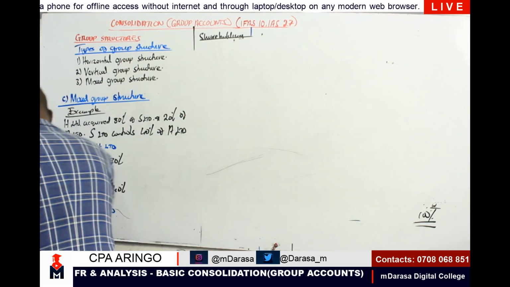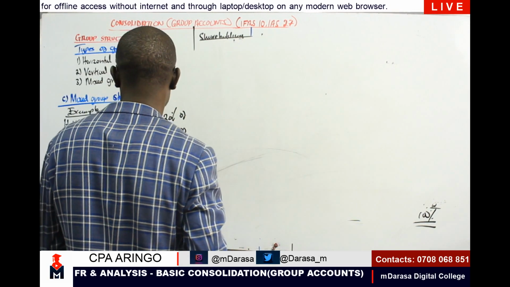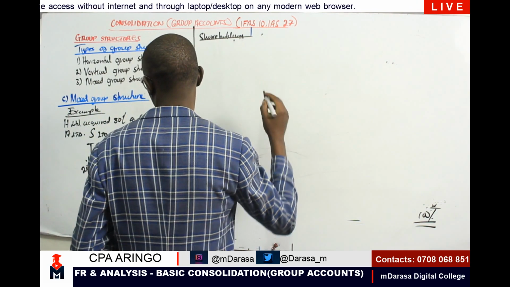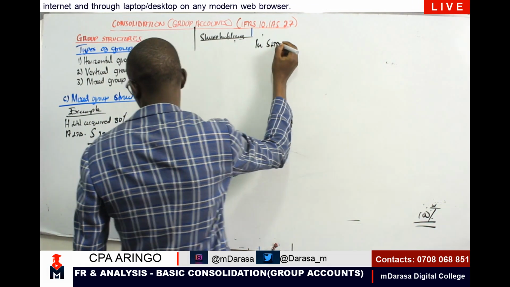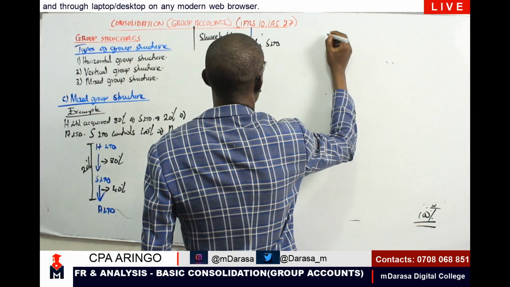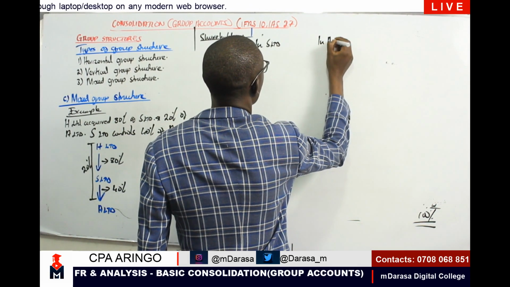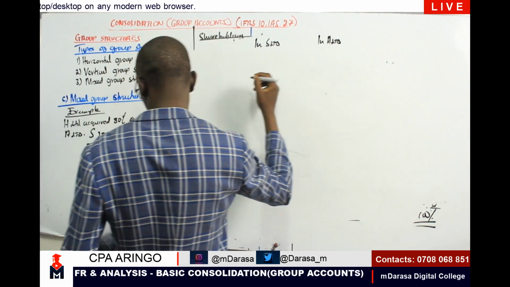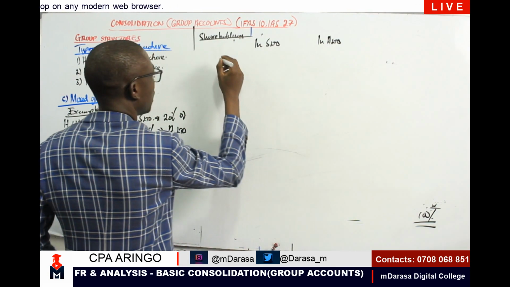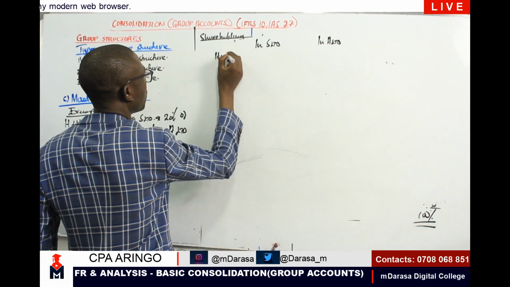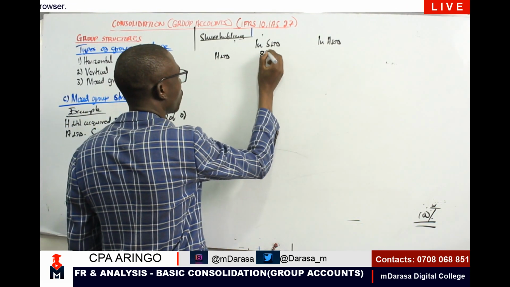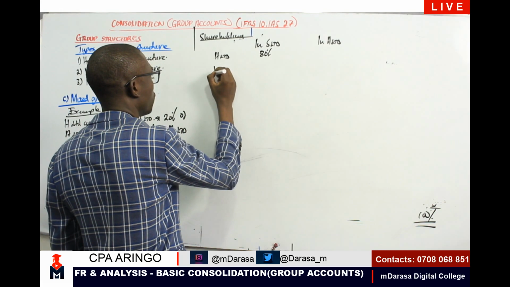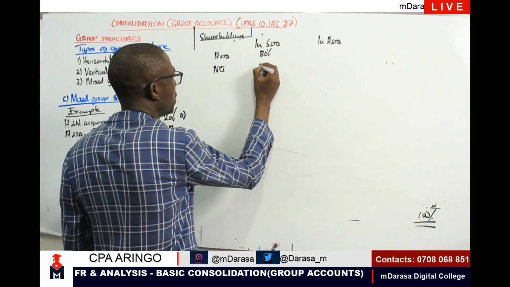So looking at our shareholding, I want to look at whatever we are owning in S Limited and whatever we are controlling in A Limited. So we can all agree that in our holding company, we are controlling 80% of S, whereas in this case I'll be having NCI to be 20%.